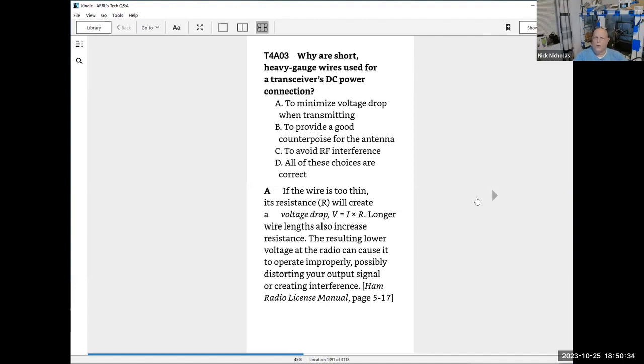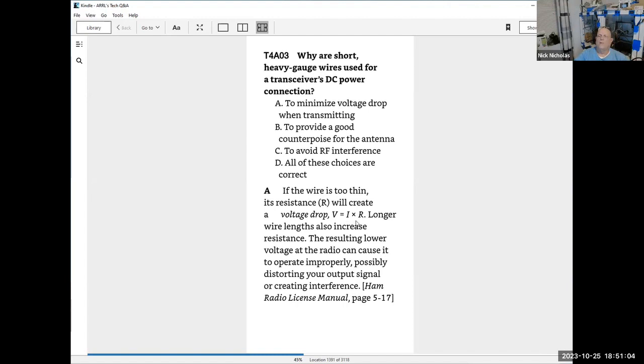So when utilizing wire to feed your radio, you want to use the voltage drop formula, V equals IR. It should be E equals IR to be consistent. But the voltage is equal to the current times the resistance for every electrical circuit. And wire is a resistor.